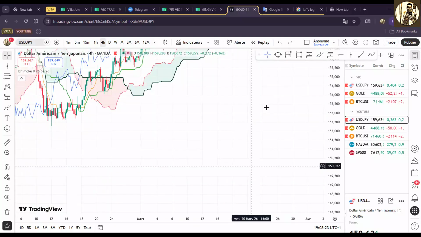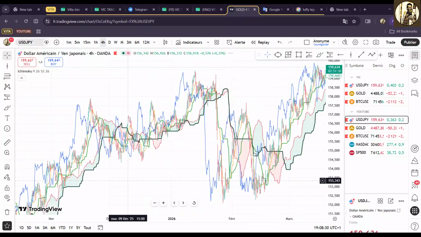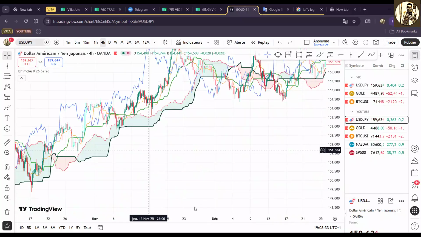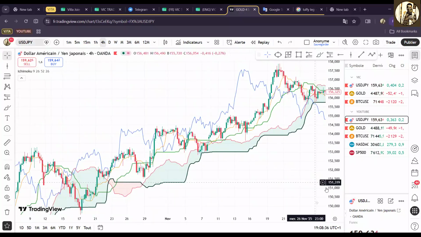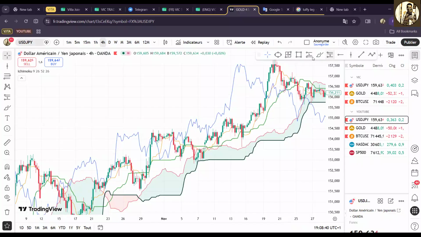For example, you will see this correction. A correction is when KSB is in uptrend and Tenkan goes below Kijun. That's a correction. So you have this correction number 1.